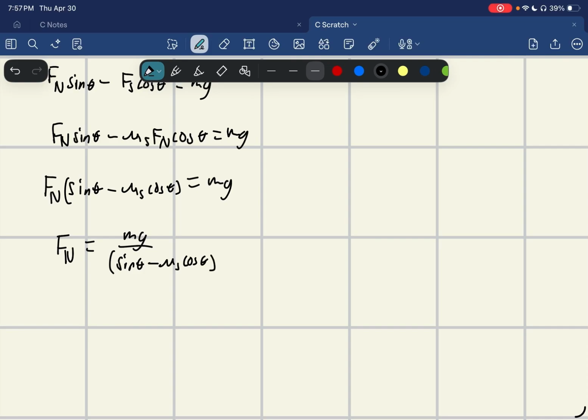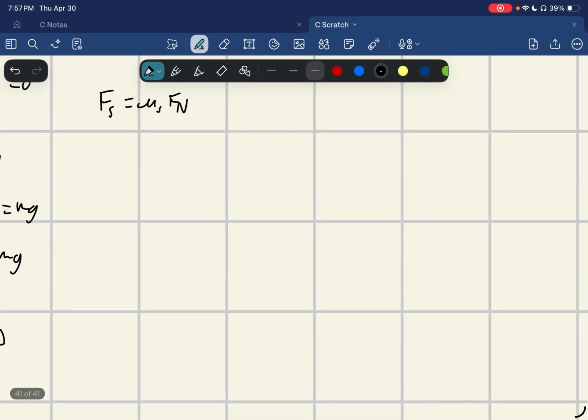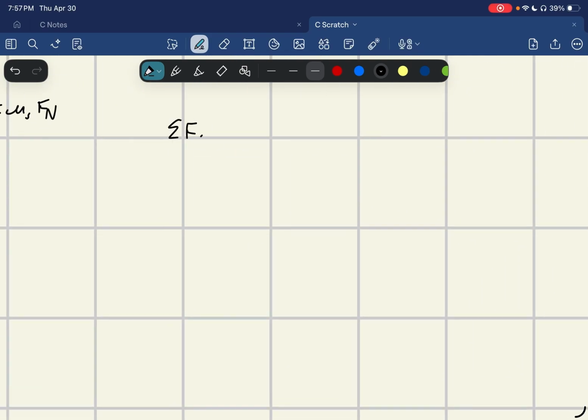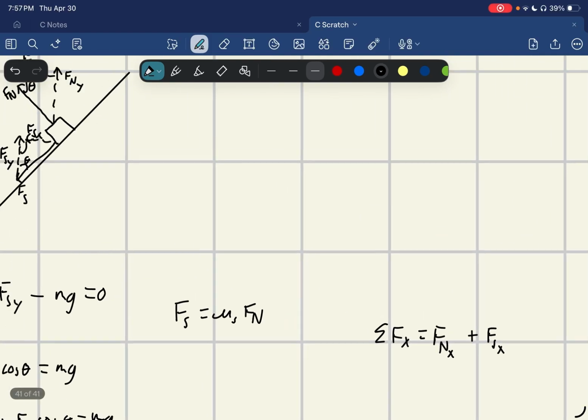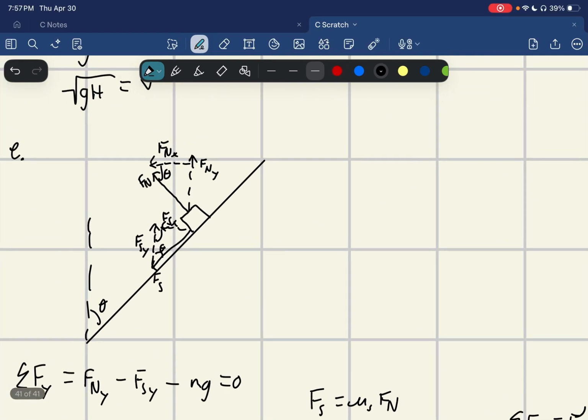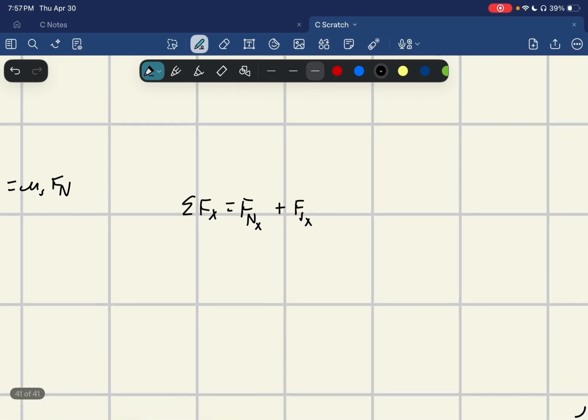And now in the x direction, net force in the x direction is equal to fnx plus fsx, and they're adding now because fnx is pointing to the center, and fsx as well. But we also know that net force in the x direction is equal to mv squared over r.